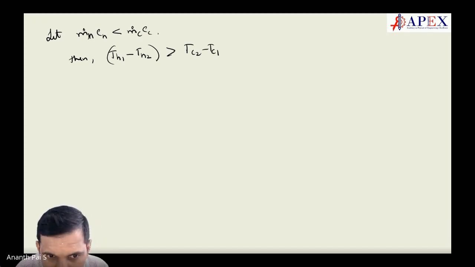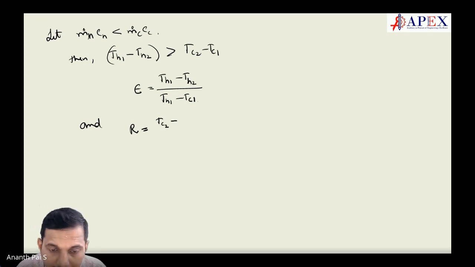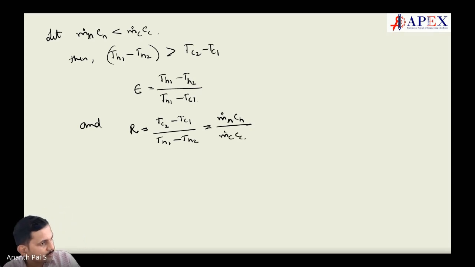So epsilon would be equal to Th1 minus Th2 divided by Th1 minus Tc1, and R would be equal to Tc2 minus Tc1 divided by Th1 minus Th2, which can also be equal to m dot h Ch divided by m dot c Cc. I can have that also.